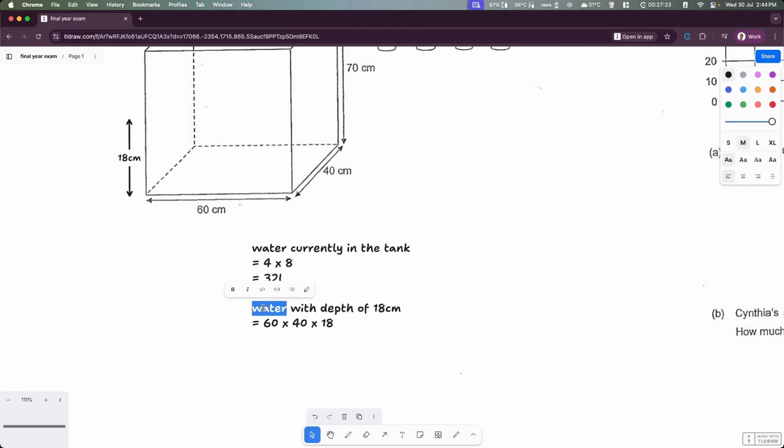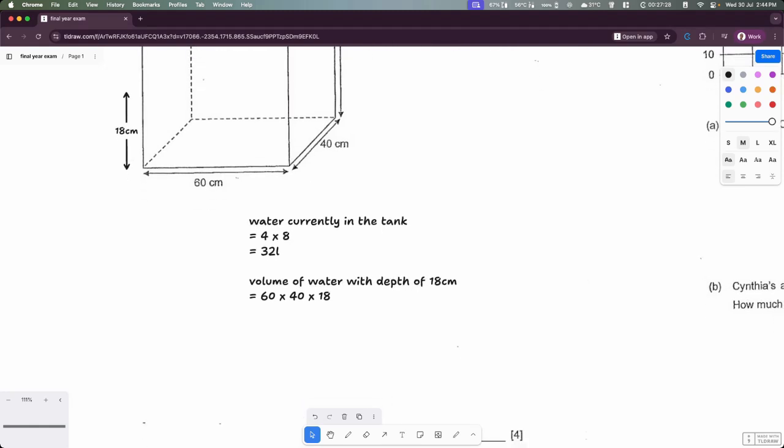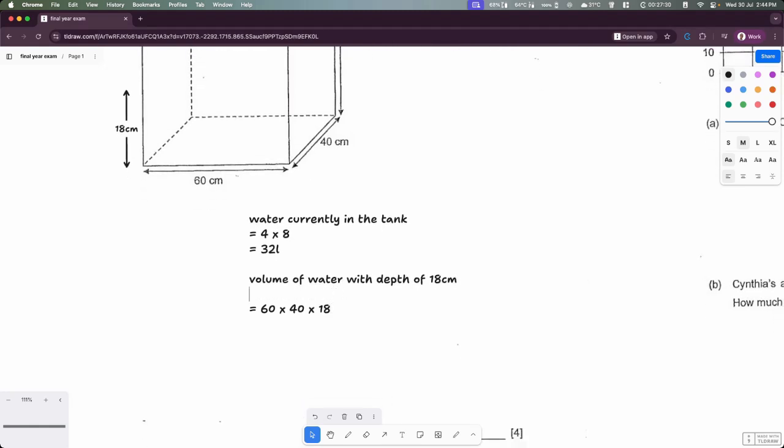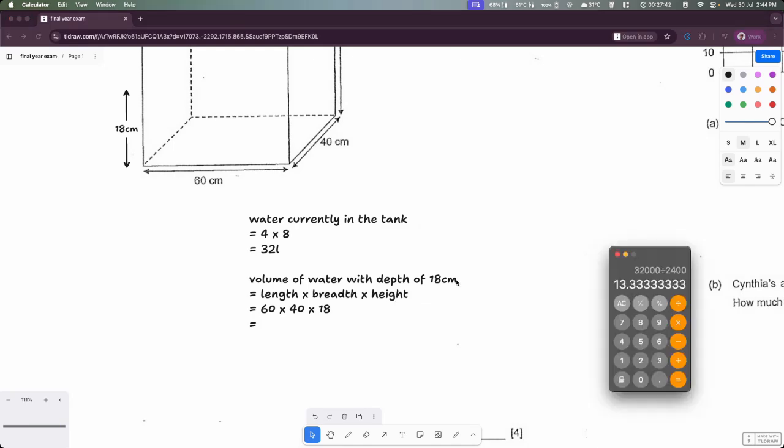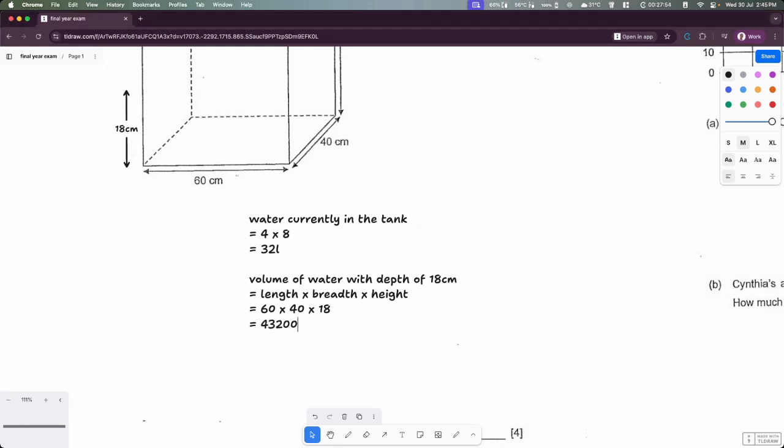So the volume of water with a depth of 18 centimeters, to just recap, is length times breadth times height, which is 60 times 40 times 18. In this case we'll use the calculator. 60 times 40 times 18 will give us 43,200 cubic centimeters.